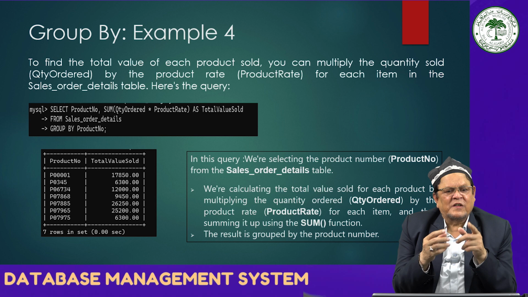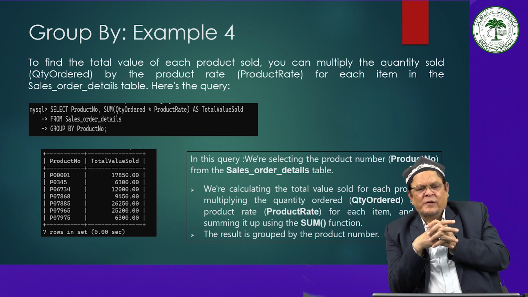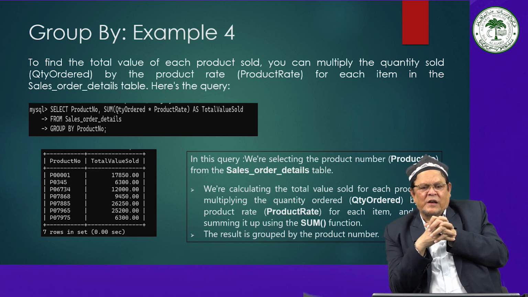So what is that? Select product number, sum. You want the total value of each product sold. What is quantity ordered multiplied by product rate, then from the table sales order details, group by product number. So in this query, we are selecting the product number from the sales order table.